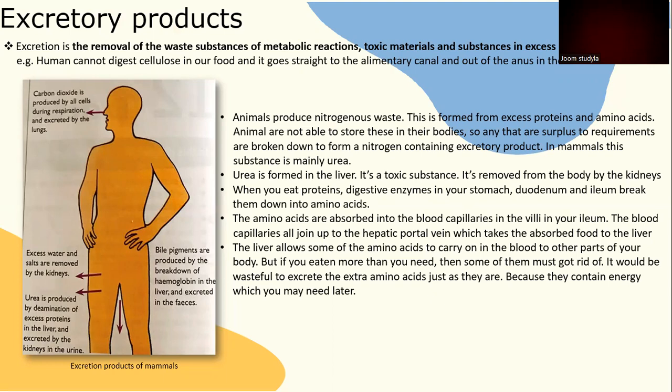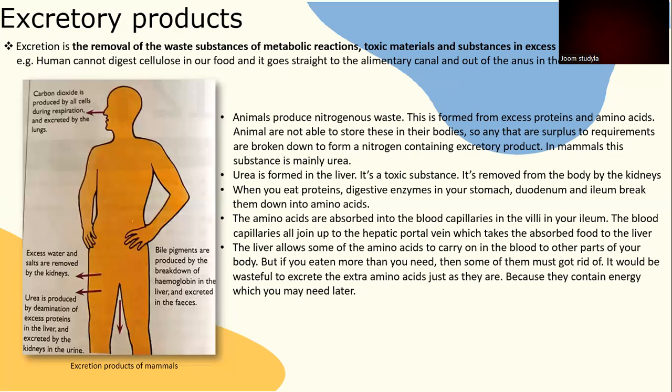The liver allows some of the amino acids to carry on in the blood to other parts of your body. But if you have eaten more than you need, then some of them must be got rid of. It would be wasteful to excrete the extra amino acids just as they are, because they contain energy which you may need later.